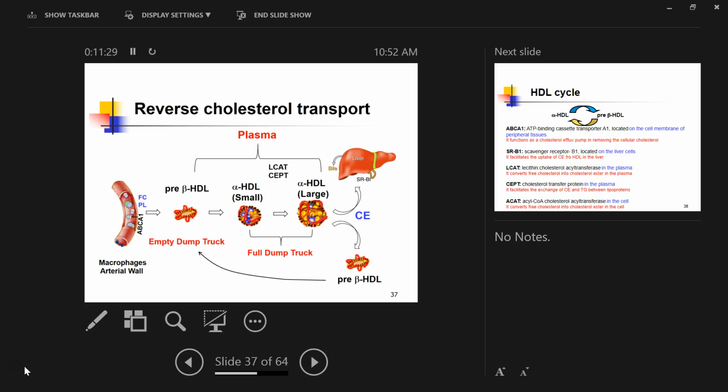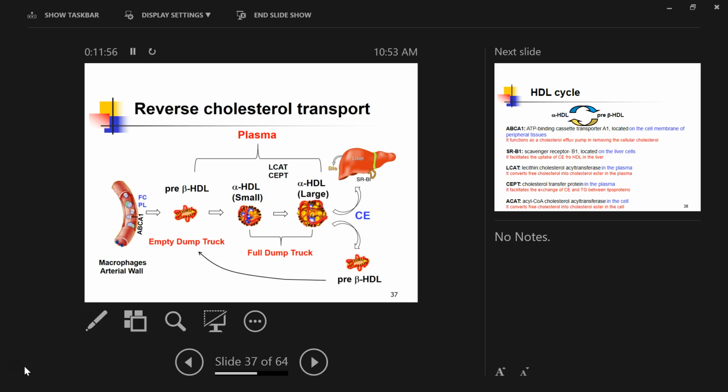And this diagram gives you an overview of how reverse cholesterol transport happens. Again, the peripheral tissue is basically like the artery wall. They have different types of cells, endothelial cells and macrophages, on the artery wall.